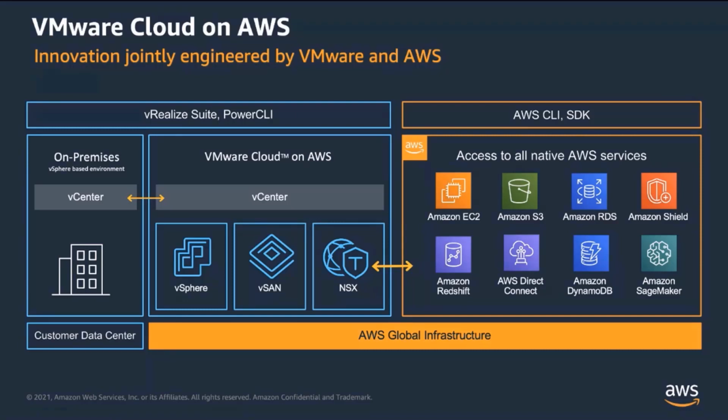So taking advantage of the native AWS services that are available. When you have your on-premises environments running, we wanted to make sure you have a single pane of glass between your on-premises and what you're running in the cloud. And VMware Cloud on AWS enables you to do so.